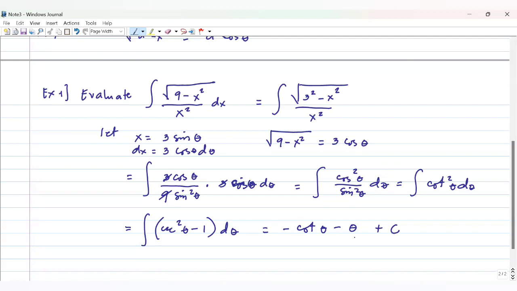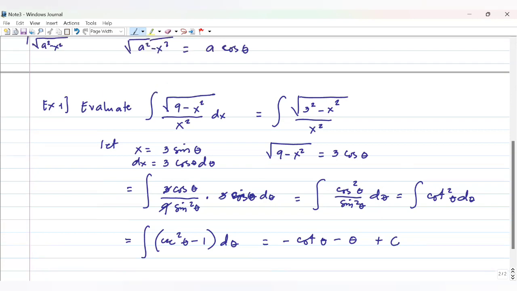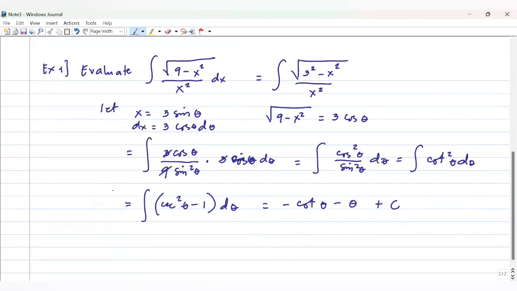But what is cotangent of theta? Looking at the diagram, we make a diagram for this one. This is our theta, and this is our x, and this is our 3, and this is the square root of 9 minus x squared. So our cotangent of theta is equal to what?